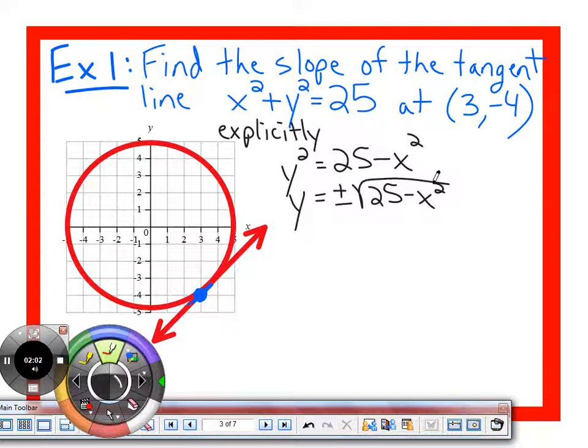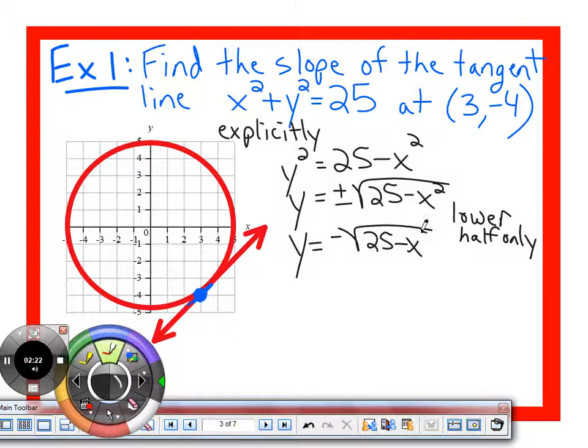And since we're dealing with the lower half, I'm just going to look at the lower half only for this problem. So we have y equals negative square root of 25 minus x squared.